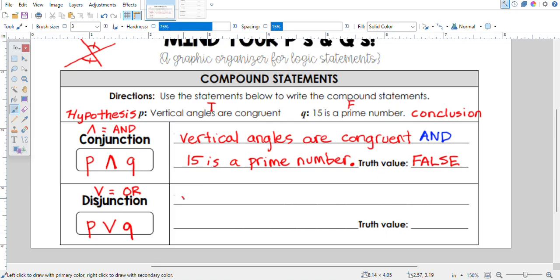So I would still write it the same way. I would still say vertical angles are congruent, or 15 is a prime number.